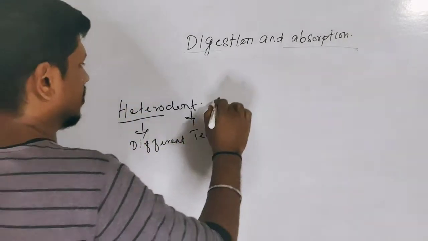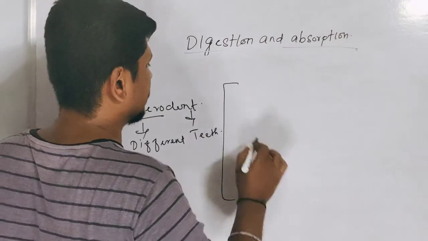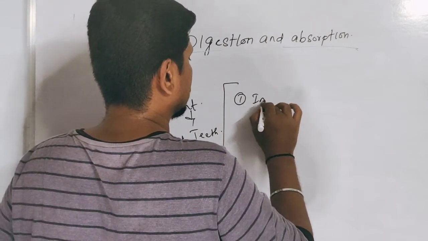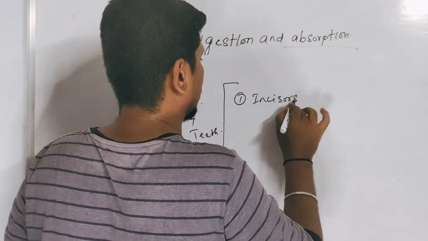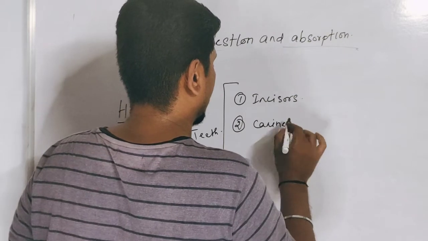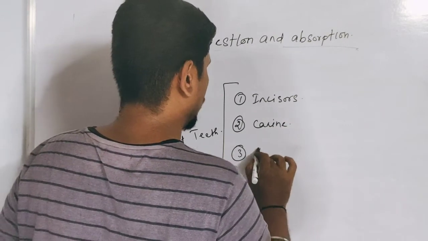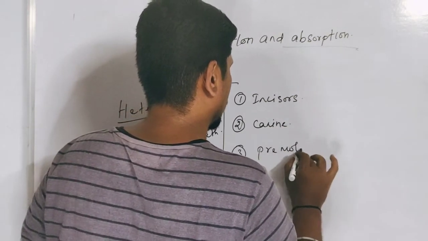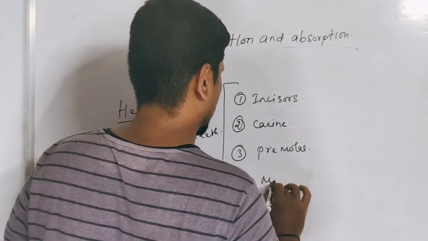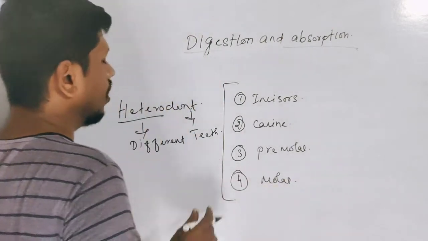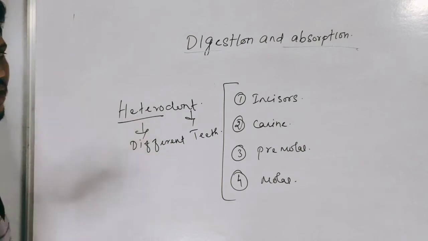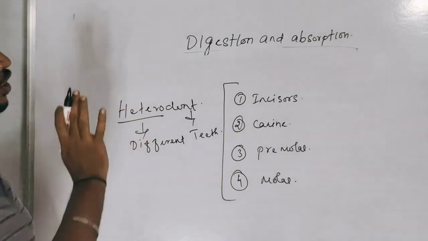What are the teeth? Again, we can classify them: incisors, then canine, premolar, last one is molar. Which means four types of teeth are grown, right? They call it heterodont. Clear? Especially in human beings.